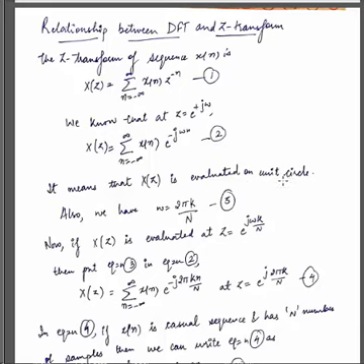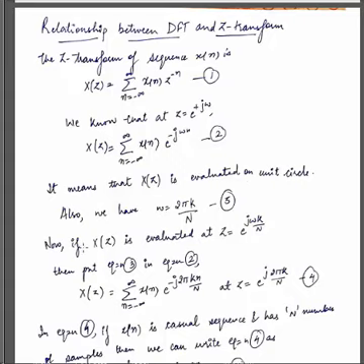Then we have omega is equal to 2 pi k by n. That is equation number 3. This is also discussed in the starting lecture of DFT, or we can also say in cyclic property of DFT or periodicity property of DFT.